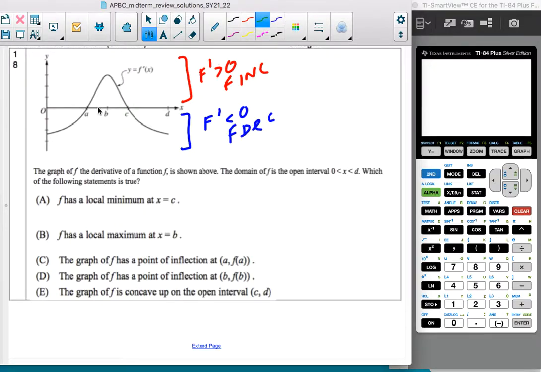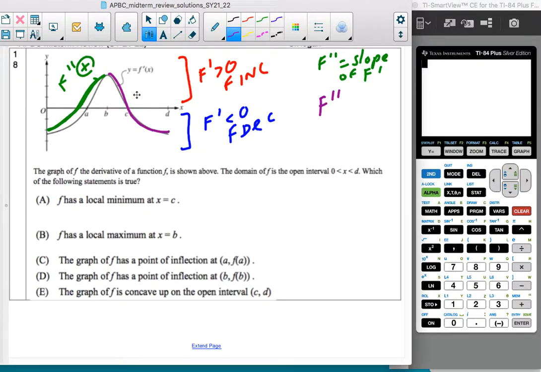Anywhere here, f double prime is positive because f double prime is the slope of f prime. And anywhere over here, f double prime is negative for the same reason: f double prime is the slope of f prime. So knowing that information, let's see what we can do to answer some questions.